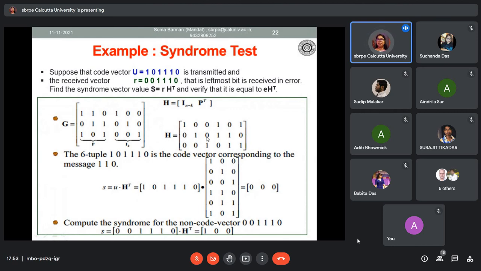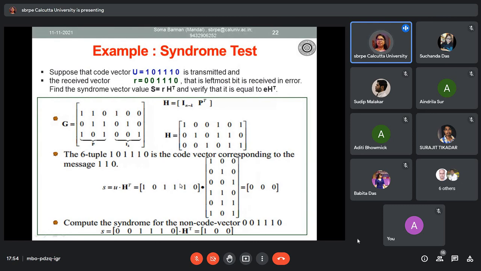Next is 0 1 0 1 1 0, and last is 0 0 1 0 1 1. Okay, so it is tested that it is okay. This is only for showing the test of whether it is okay or not.